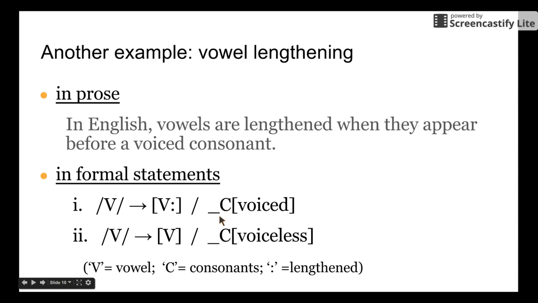In this environment, this underscore means the target of alternation, which is the vowel. So when this vowel precedes a voiced consonant, it's lengthened, and the vowel is not lengthened when it is followed by a voiceless consonant.